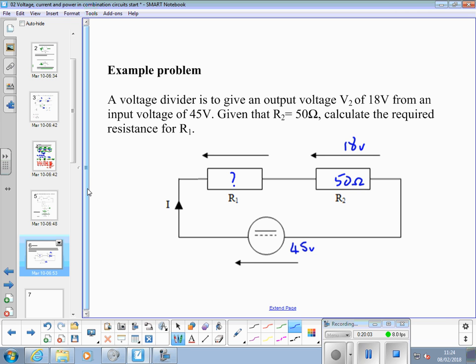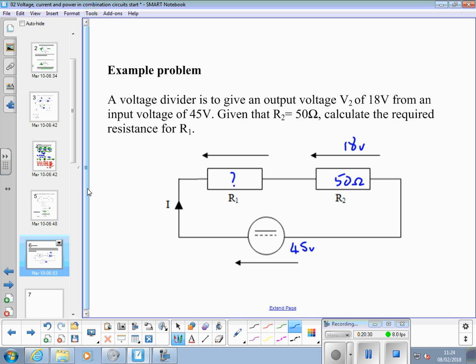We're not being given a current here. We can use the voltage divider rule. We could look at the voltage drop, but what could we do?